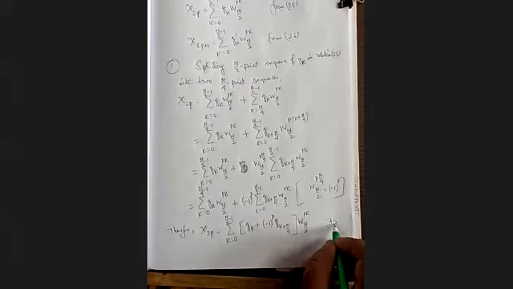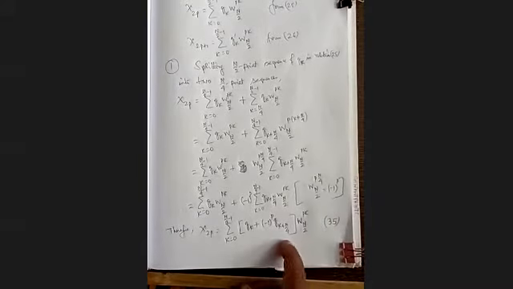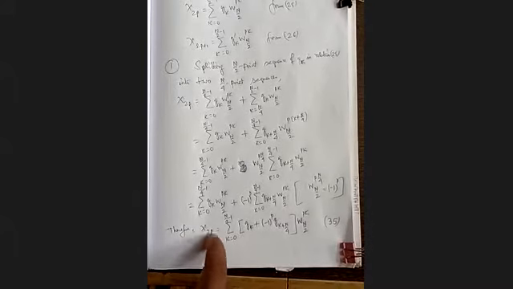This is our relation 35. So that is the general expression of X2P. Now again we want to take X2P and resolve it into even order and odd order. Then see what happens.